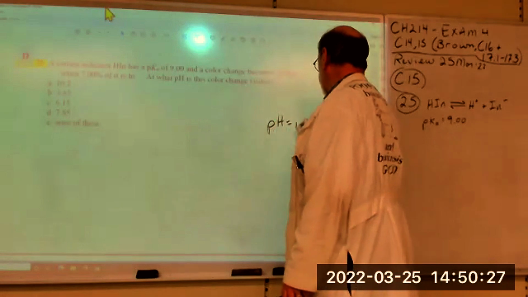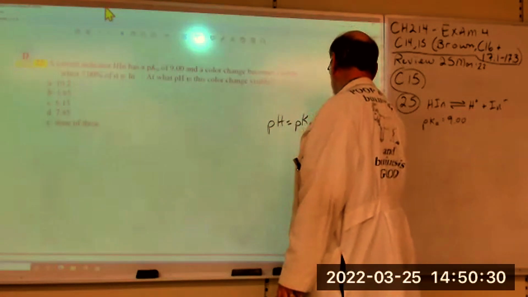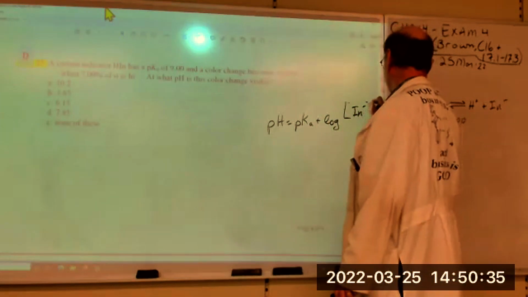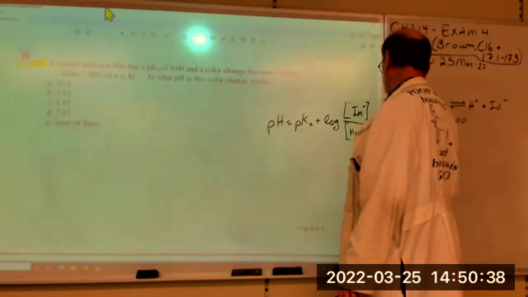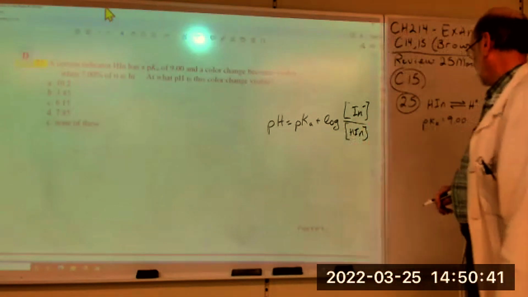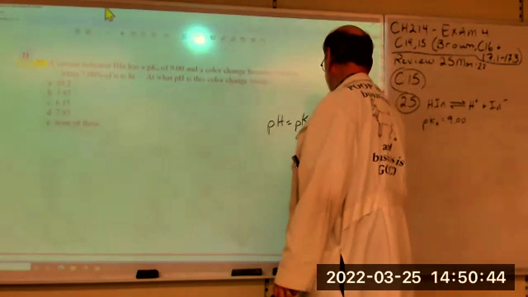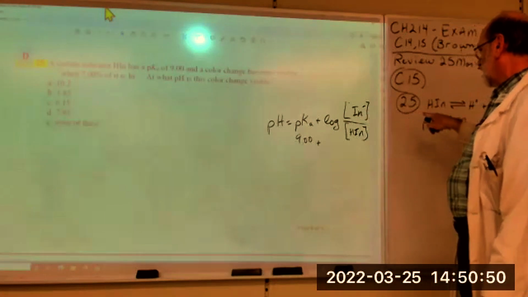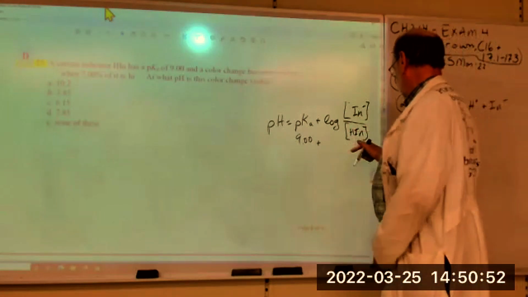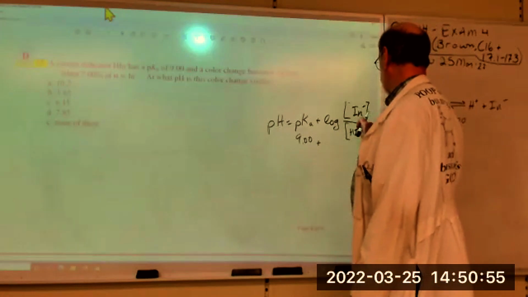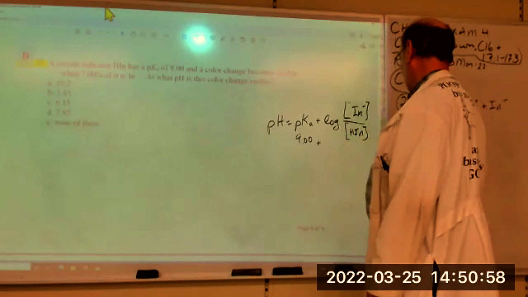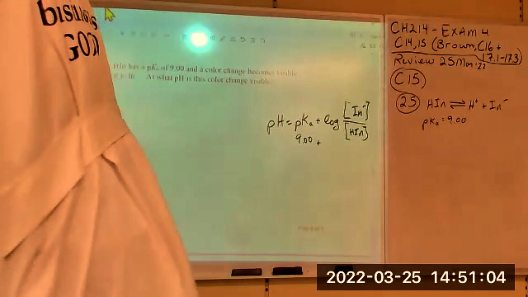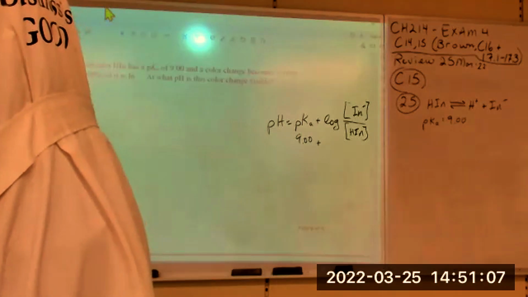We can use Henderson-Hasselbalch for this one. So this is going to have In minus here and HIn there. This pKa is 9, and this is going to be 7%. Let's see, am I doing that right? I'm second guessing myself there.